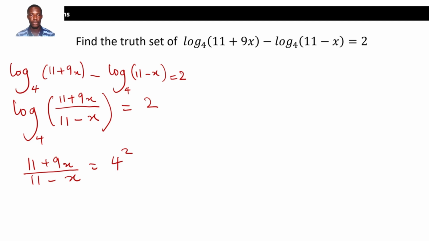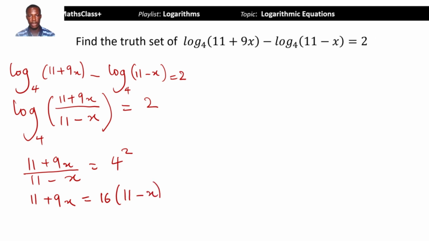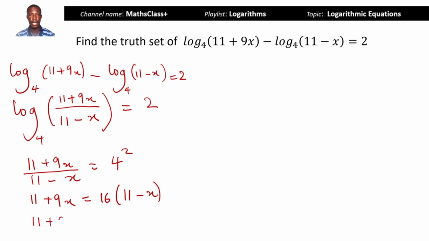So if I multiply through by the LCM, I will get 11 plus 9x is equal to 16 multiplying 11 minus x.